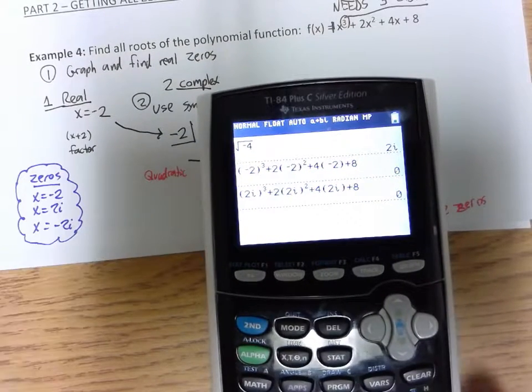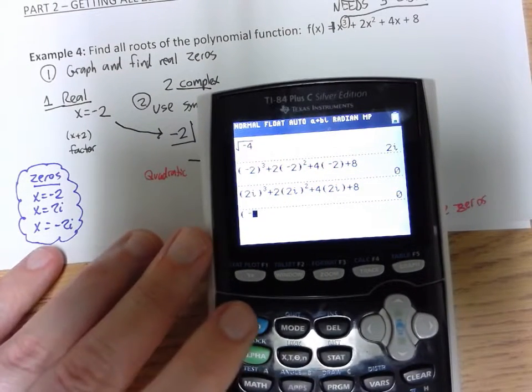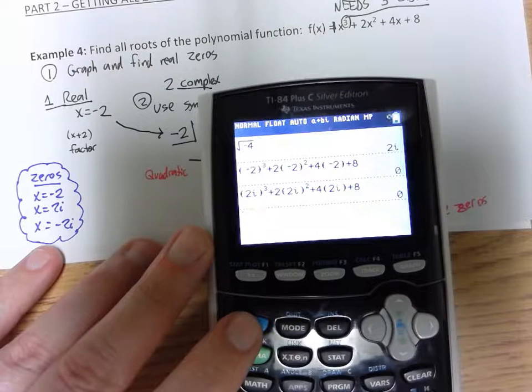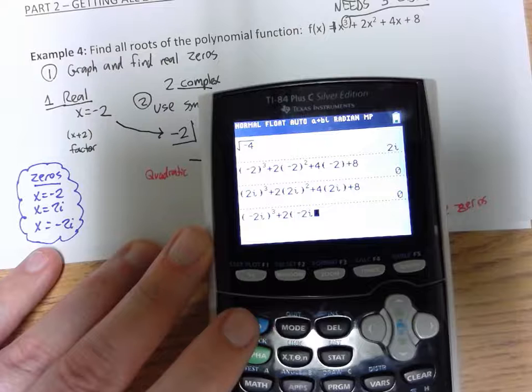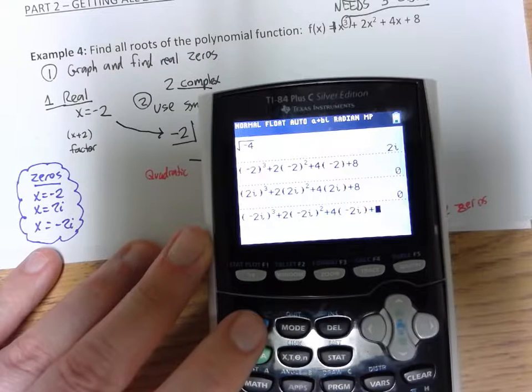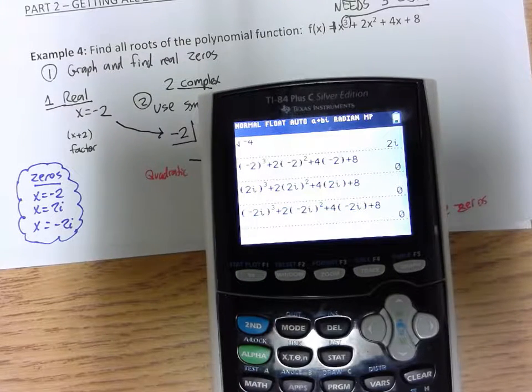And I can do the same with negative 2i. All 3 of those get me 0, so they are my zeros for this polynomial expression. Okay, pause the video, flip to the back side, start getting the zeros from the calculator, and I'll meet you up on the other side.